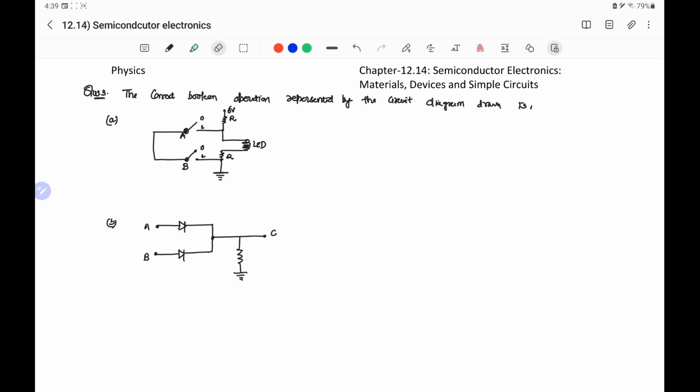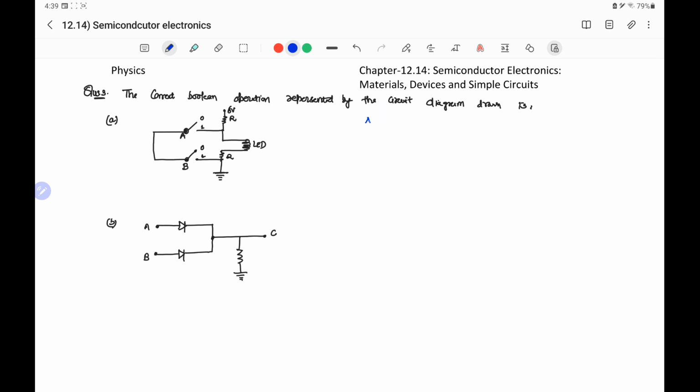Third question is, the correct Boolean operation represented by the circuit diagram drawn is, there are the two parts. In one part, we have a circuit having the LED connected with a resistor and a battery through the two switches A and B. These two switches have two positions, 0 or 1, 0 for the open switch and 1 for the closed switch.